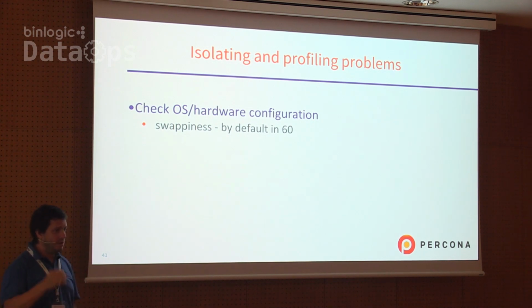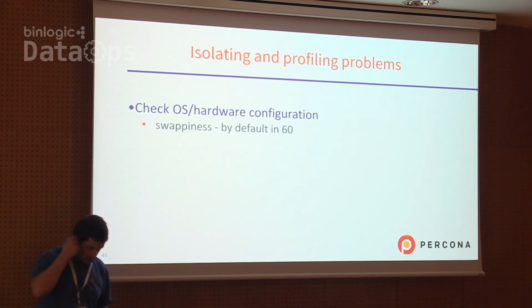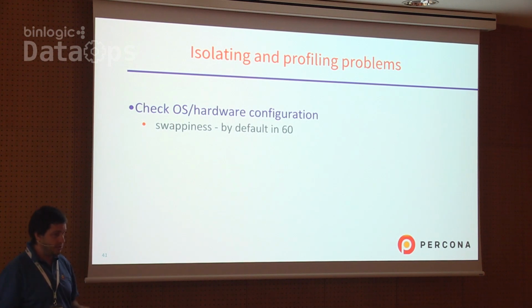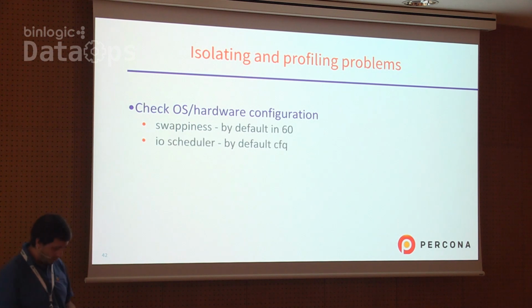So whenever the memory starts to suffer some pressure, the operating system will release memory by moving pages from memory to disk. 60 is super high for our work. And you don't want your database to start swapping things because it's painful, okay?